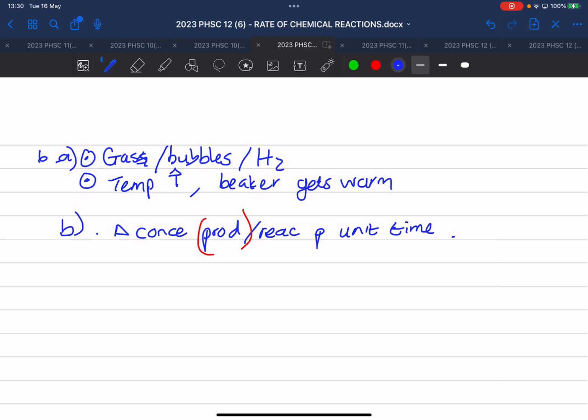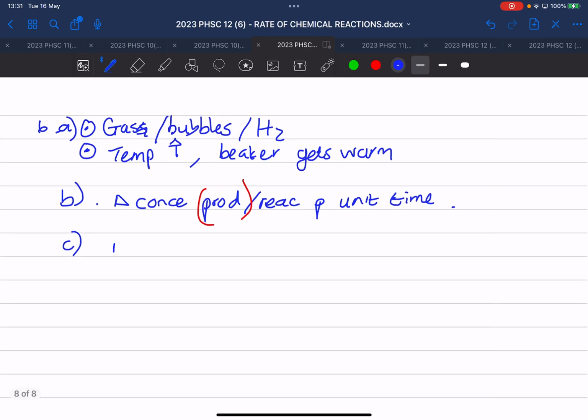Okay, then question C, they say, calculate the average reaction rate for this reaction over 45 seconds. So Boki just said the rate is the rate of change in concentration.